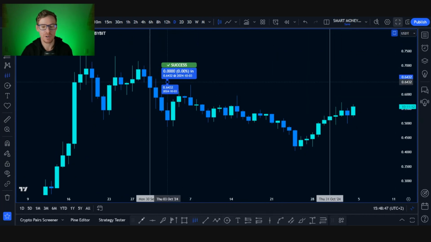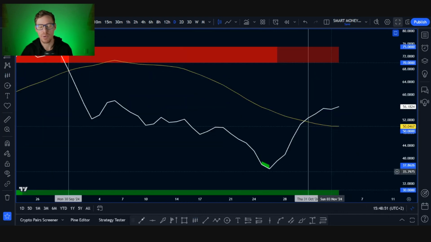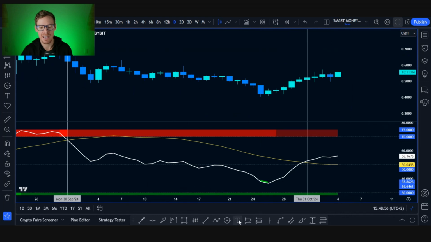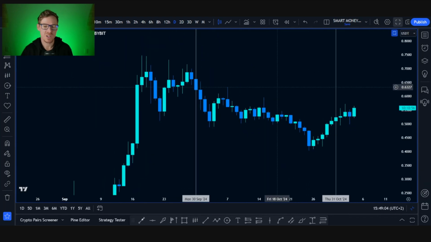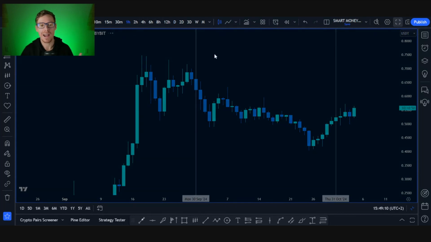So you can see it broke below here and it dropped 35%. This is the point here where it crossed over, and it's only done about 11% now, but potentially has a lot more to go. So if you're doing it on a daily, it'll take a lot longer for it to play out. That's why I recommend the 1-hour.